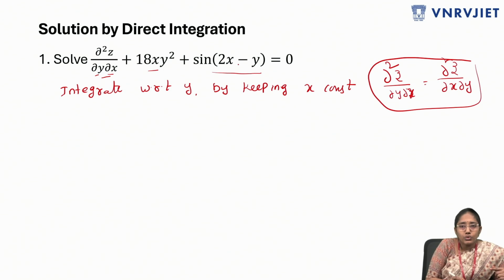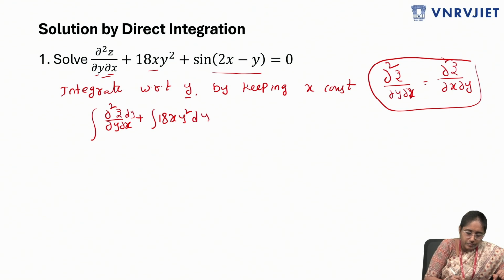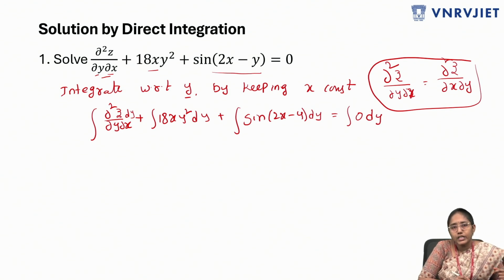Integrating on both sides with respect to y by keeping x as a constant: integral of del square z by del y del x plus integral of 18xy square with respect to y plus integral of sine of 2x minus y with respect to y is equal to integral of 0 dy. Now integration and derivative are inverse operations, so the derivative with respect to y and the integration both get cancelled.